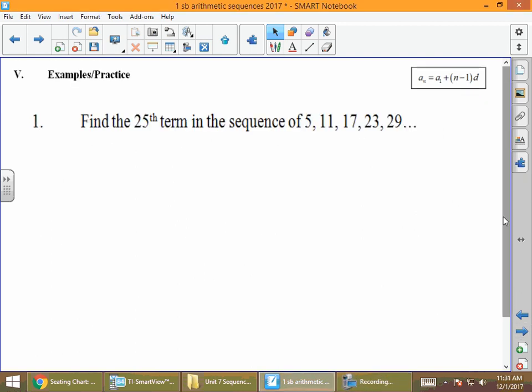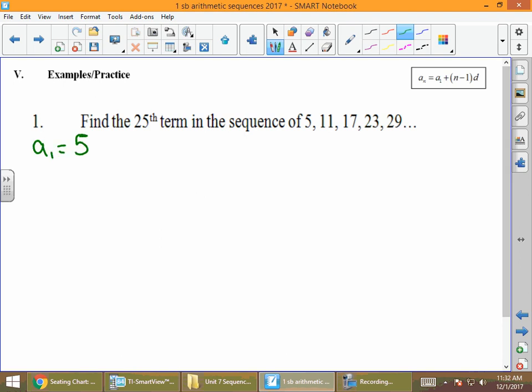Let's look at a couple more here to finish. It says find the 25th term in the sequence of 5, 11, 17, 23, 29. And that's what we've just been doing. So let's label what we know. In this case, we know that a sub 1 is our first value in this sequence, which is 5.